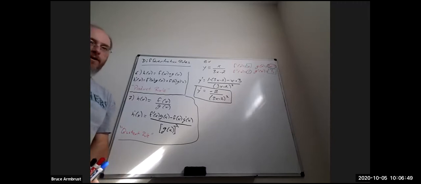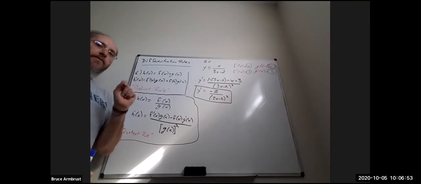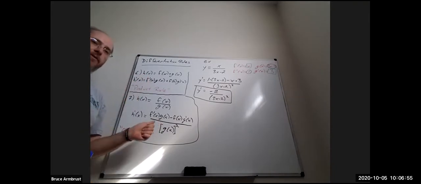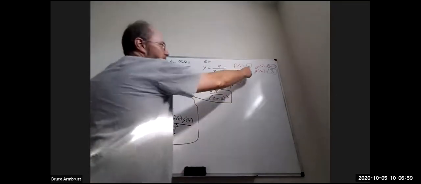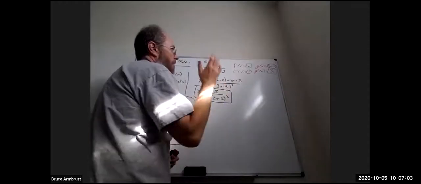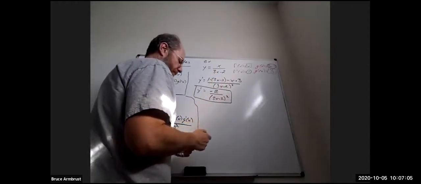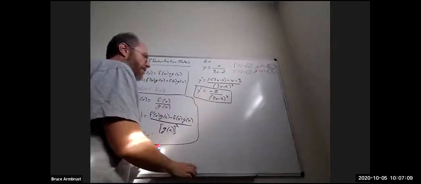So start like before. Look at the two functions, find their derivatives, and then just put everything into the respective pieces in this formula. Here are the two functions, x, 3x minus 2. Here are their derivatives. Go. All right. So there is that one.